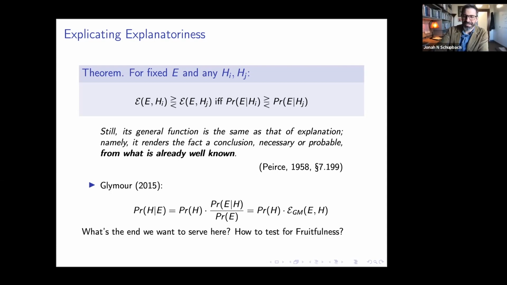Okay, that's the idea. So what is the end we want to serve here? Well, just to cite Peirce again, Peirce wants us to be able to use considerations of explanatoriness to gain reason to believe things are true. That's his phrase.